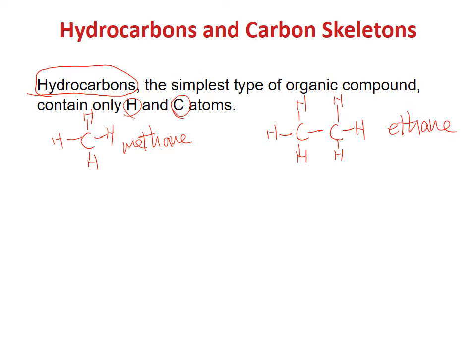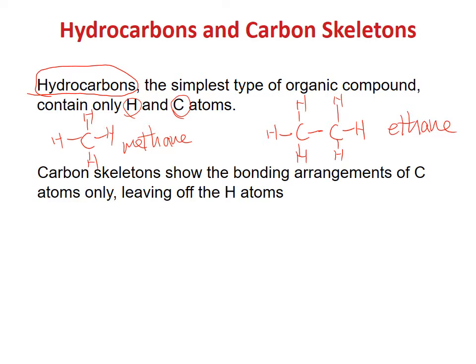For simplicity, we use carbon skeletons. Carbon skeletons show the bonding arrangement of carbon atoms only, leaving off the hydrogens. So ethane, we can simplify by just carbon-carbon, to show the arrangement of carbon atoms without hydrogen.